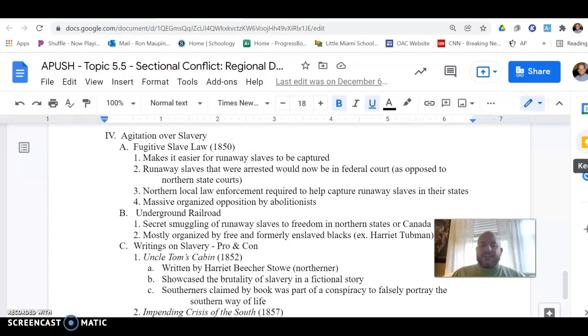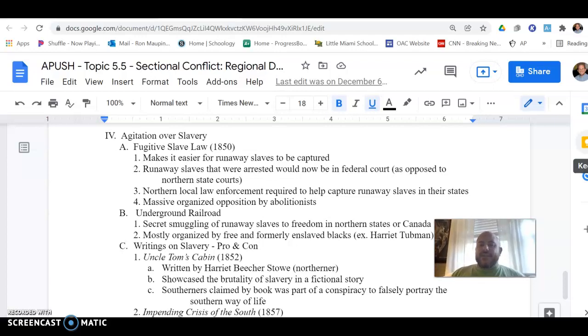And for many, this is going to be a total anathema. The idea being is that you would be compelled to engage in aiding an institution that you found to be morally disgusting. So this is going to be something else that really inflames the northern half of the United States and only further rallies the abolitionist cause.